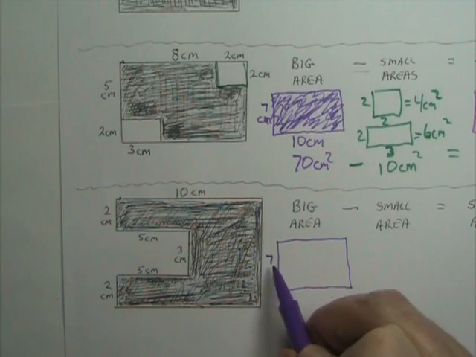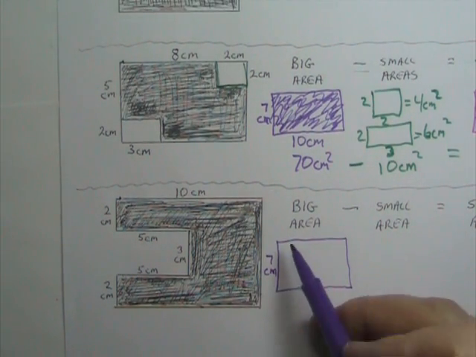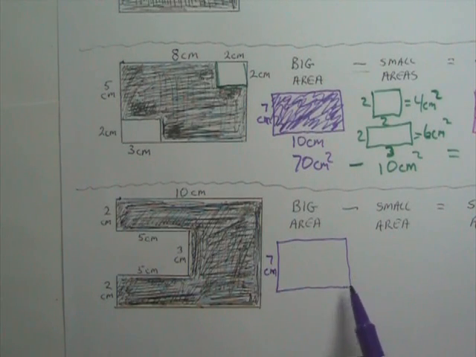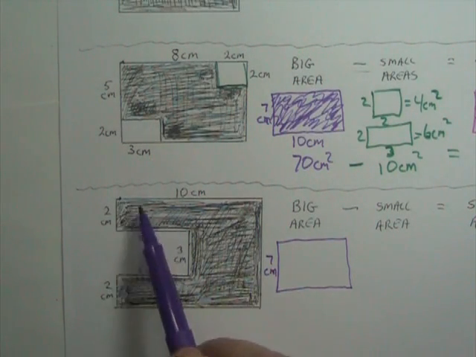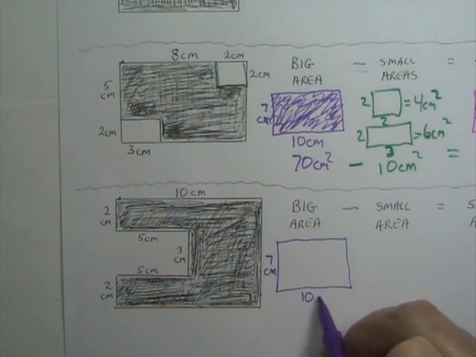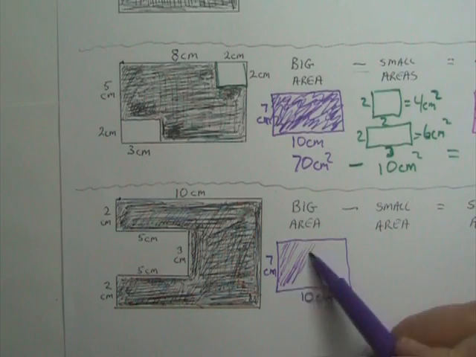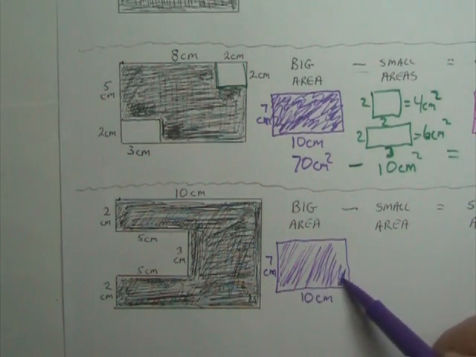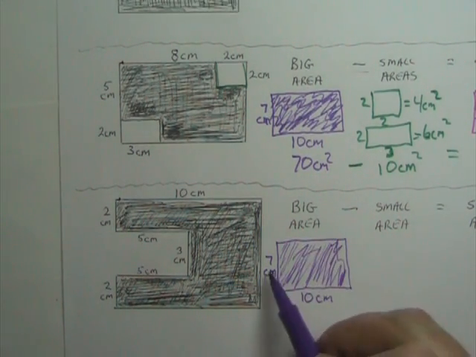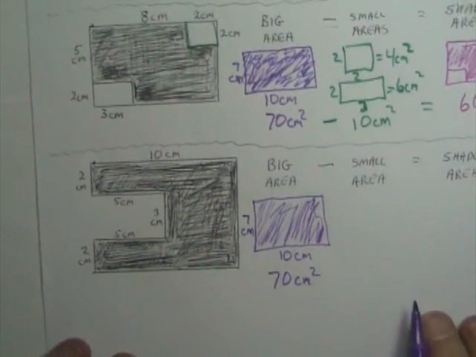It is 7 centimeters going down. Okay, and going sideways here, it's 10. And this is the shaded area. This is a whole box shaded. Okay, well 7 times 10, that's 70 square centimeters.